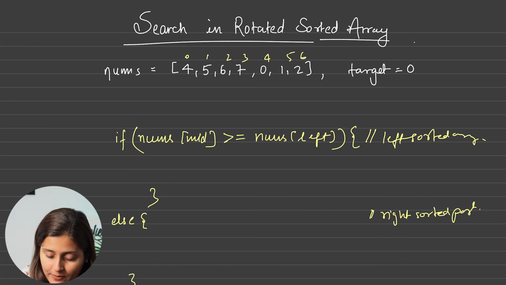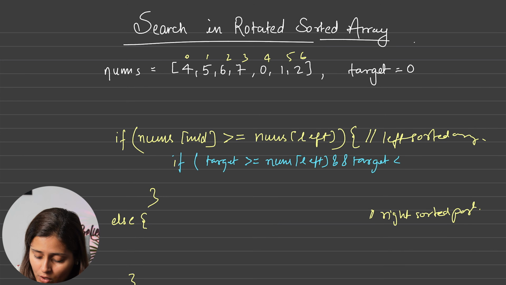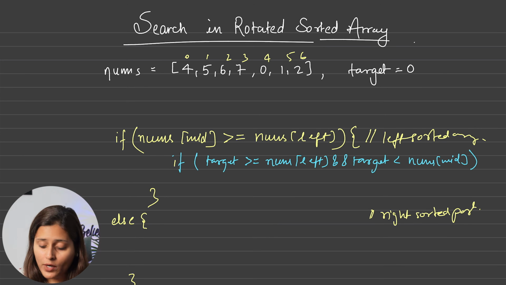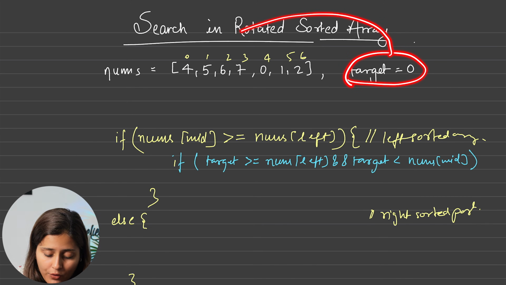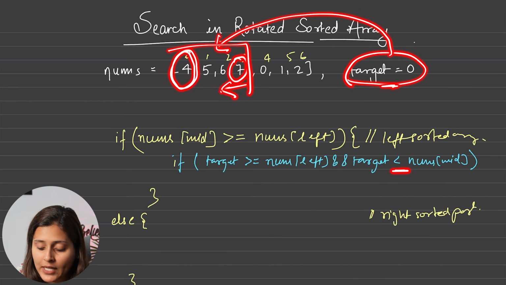So I am saying if target is greater than or equal to nums of left, and target is less than nums of mid. So if my target lies between 4 till 7, not equal to, meaning less than 7, then I can say yes, it is a part of the left subarray.